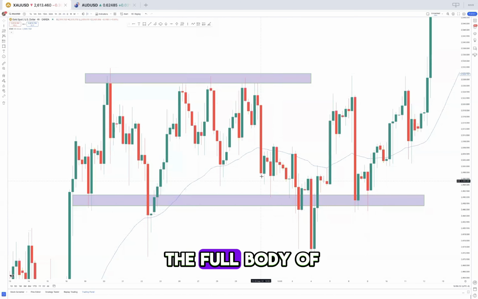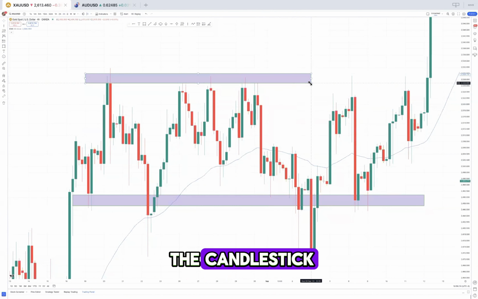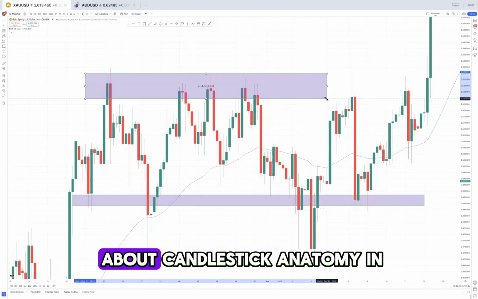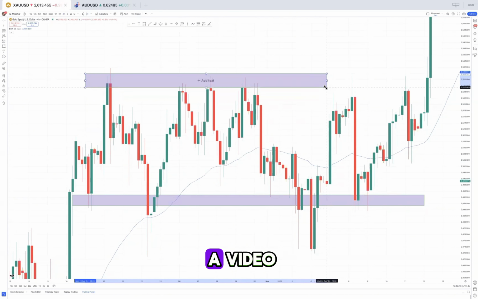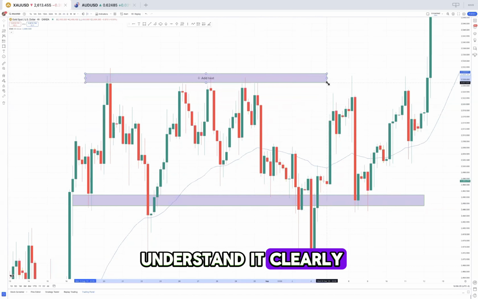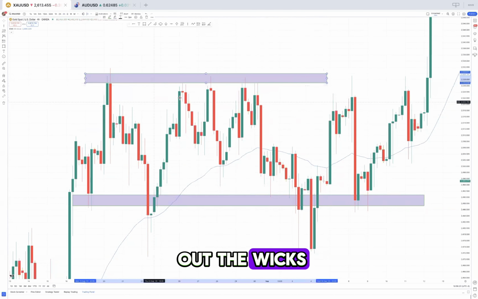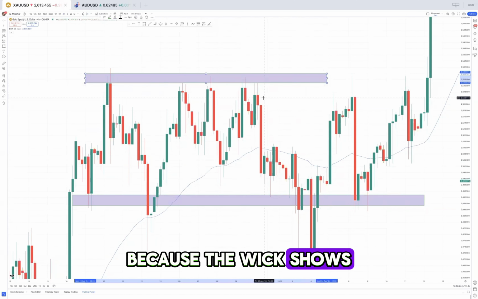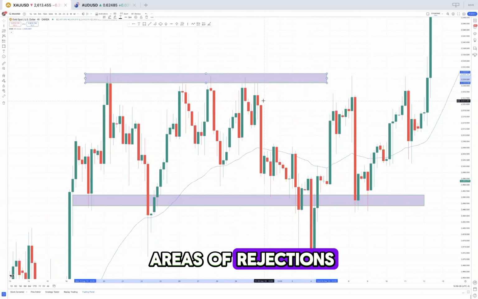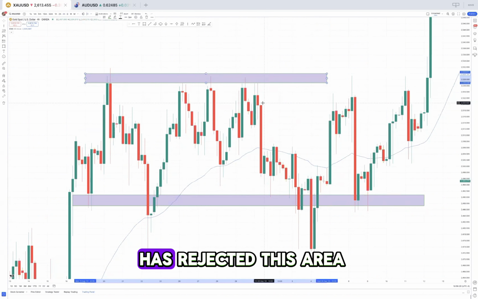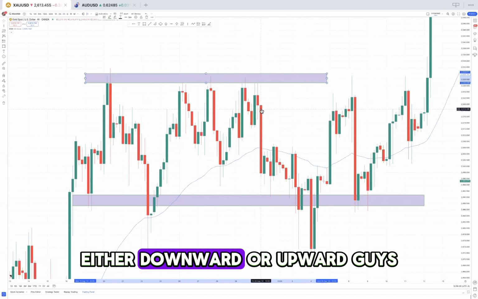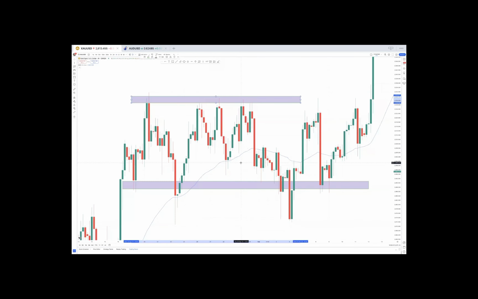You are not mapping the full body of the candlestick. I'm going to talk about candlestick anatomy in a video so you guys can understand it clearly. You are only mapping out the wicks, because the wicks show areas of rejection. It shows that price has rejected this area, either downward or upward, guys.